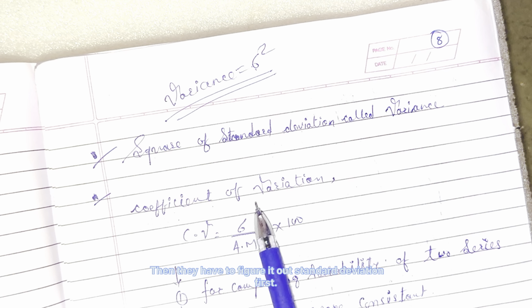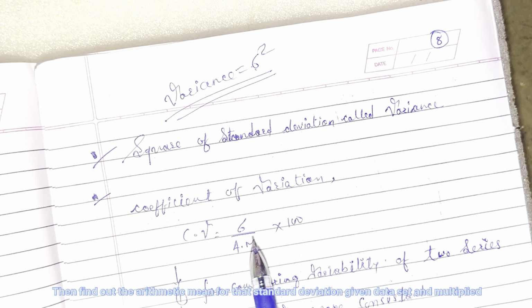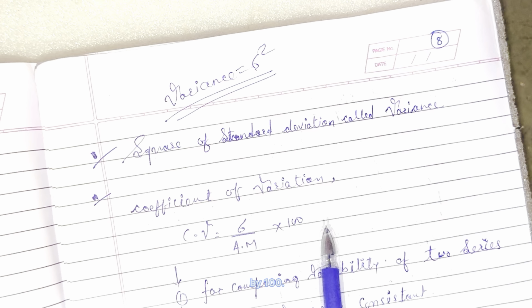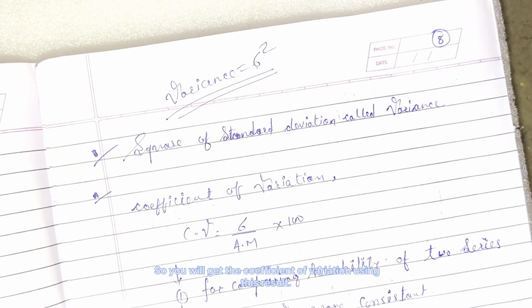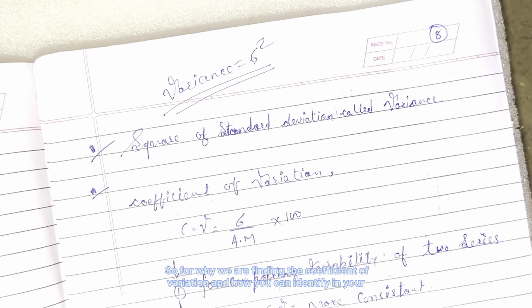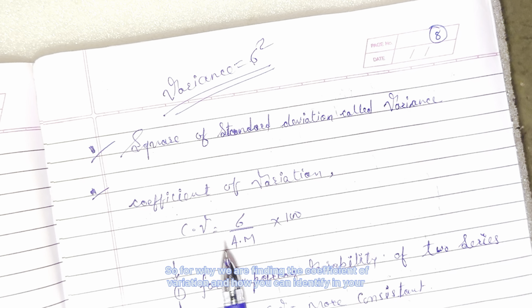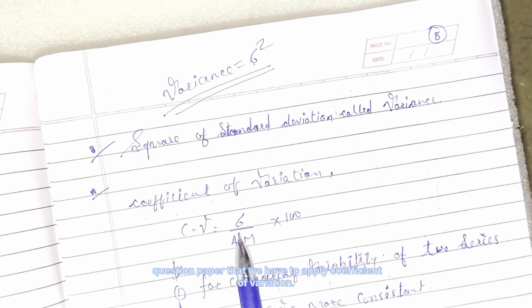Then find the arithmetic mean of the given data set, divide, and multiply by 100, and you get the coefficient of variation. Why do we find it, and how can you identify in your question paper that we have to apply it?